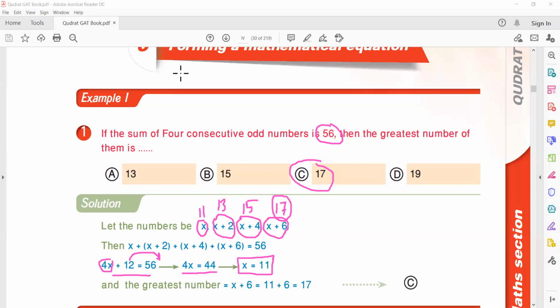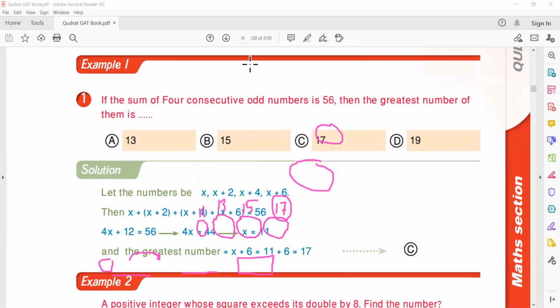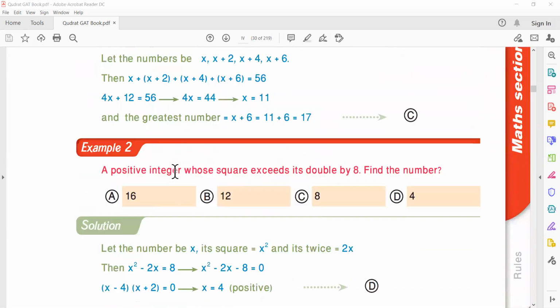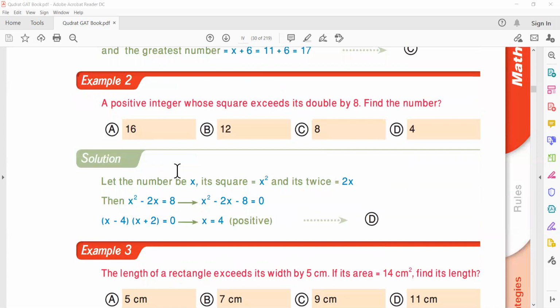Okay, we will do another example to solve by forming a mathematical equation. Now, example 2: a positive integer whose square exceeds its double by 8.